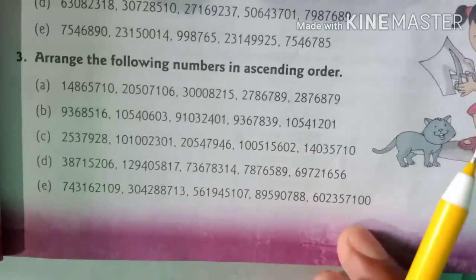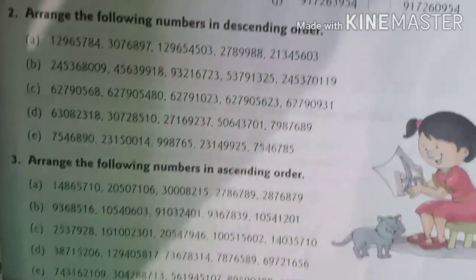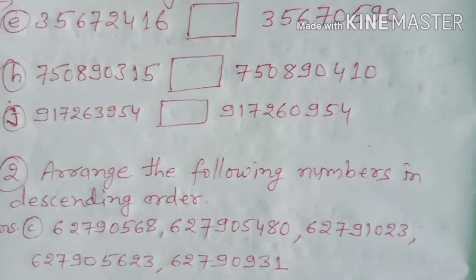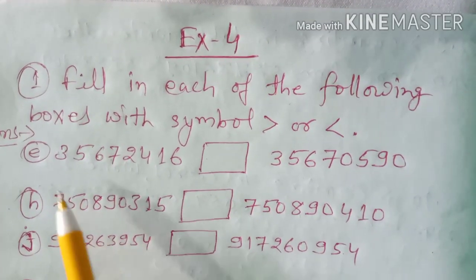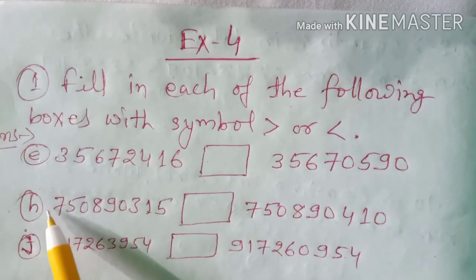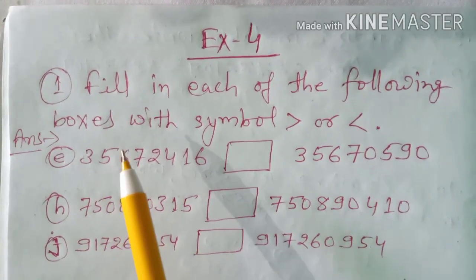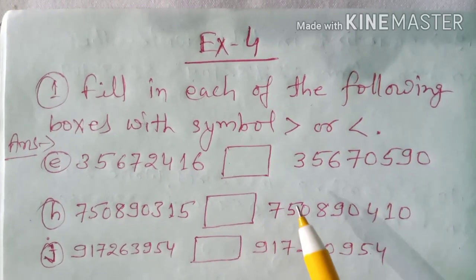Okay, so now we are doing the solution. First comes question number 1, in which you are asked to put the appropriate sign. Now see, I am doing, for example, items E, H, J of question number 1, to explain how you will solve these types of questions.